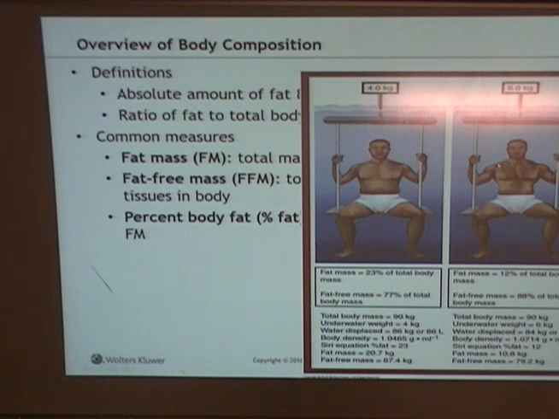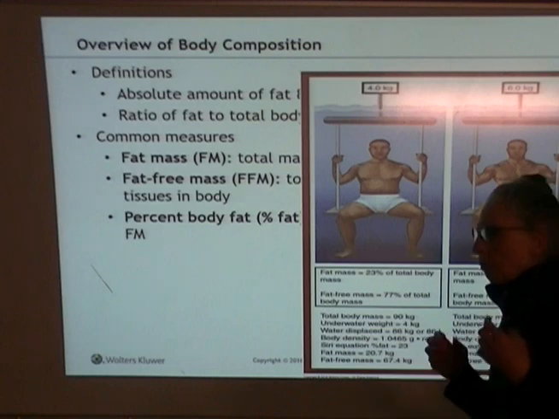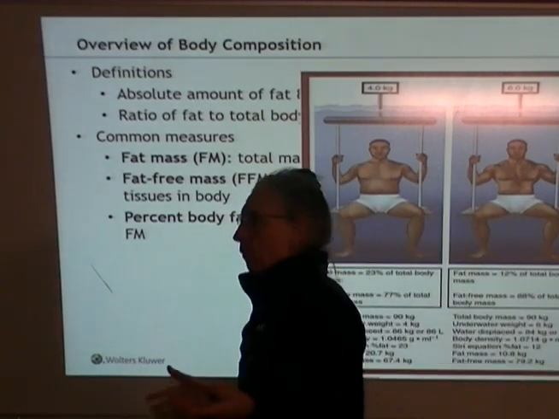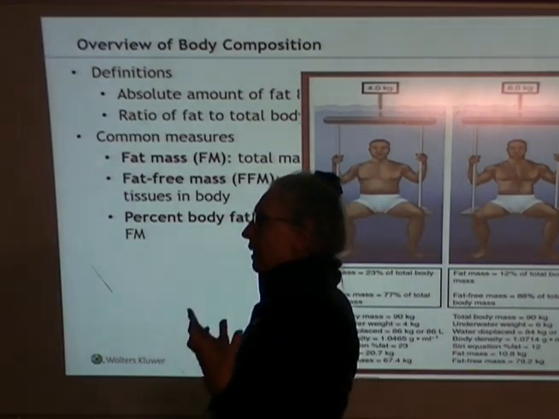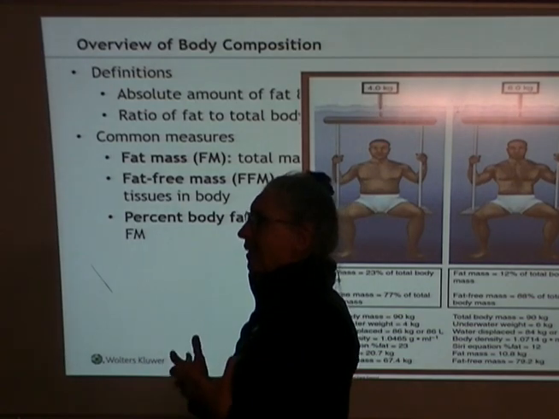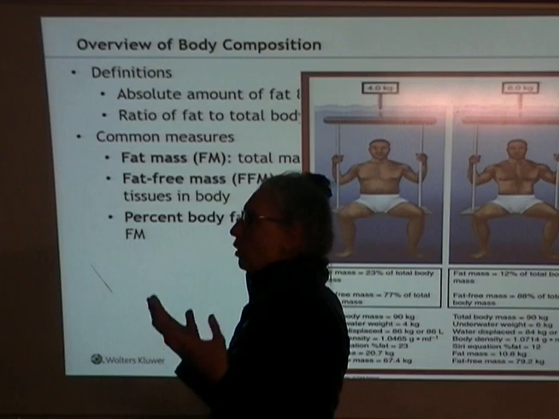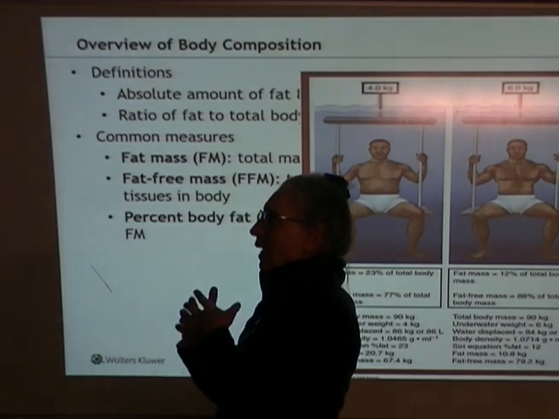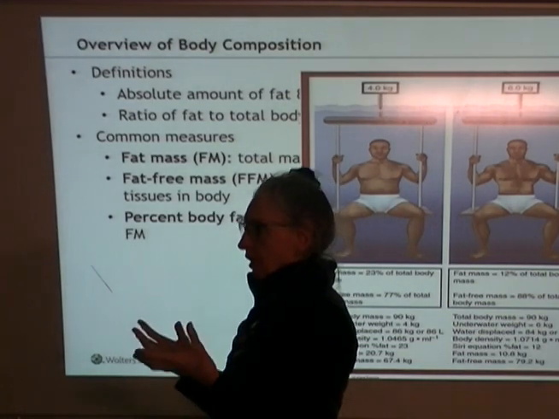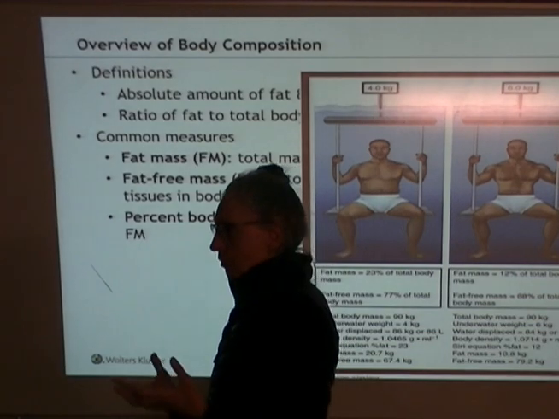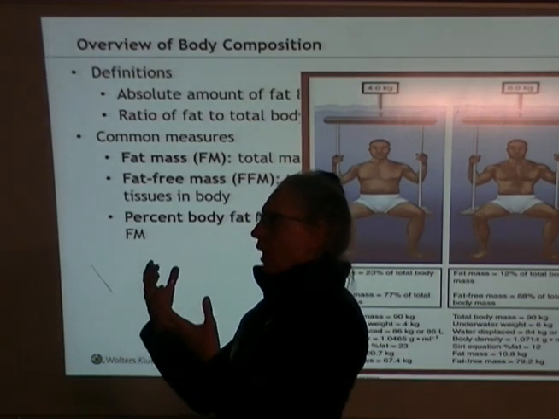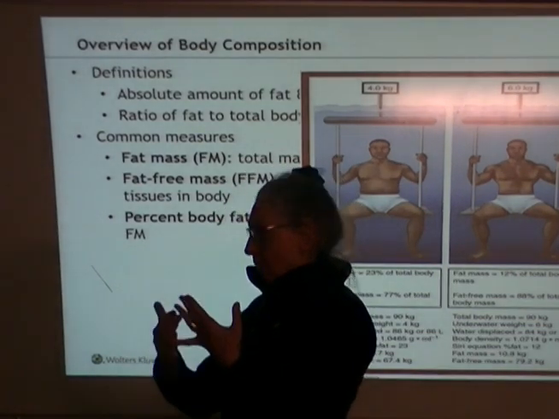So it's an important idea because we tend to get hung up on standing on the scale, right? But standing on the scale doesn't tell you anything except what you weigh, right? And what you weigh is much more sophisticated than just your mass, right? We need to know how much fat mass we have.